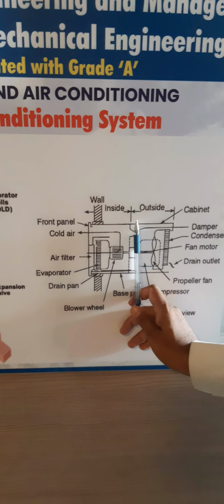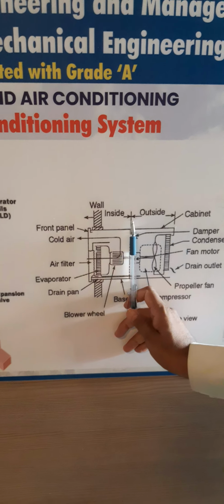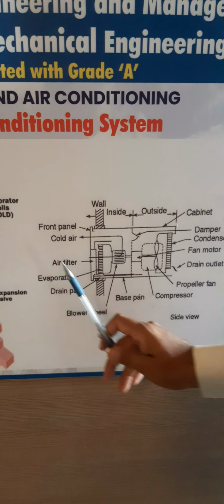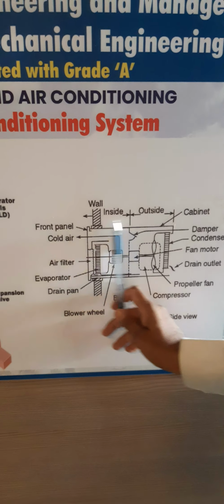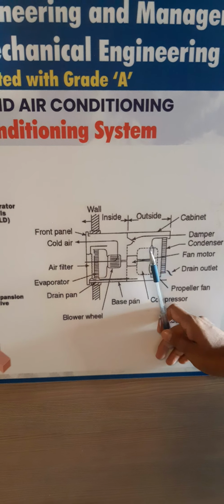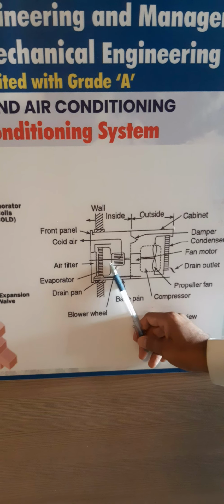Whatever heat is generated in the system is outside the wall, and whatever cooled air is produced in the system should be inside the wall, and that's why this portion is placed inside the wall, and that's why this portion, the condenser portion, is placed outside the wall, okay.